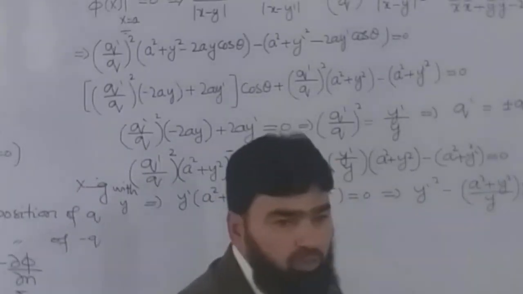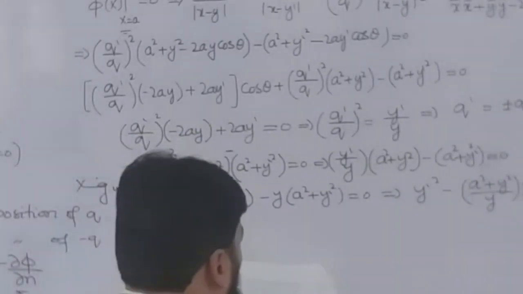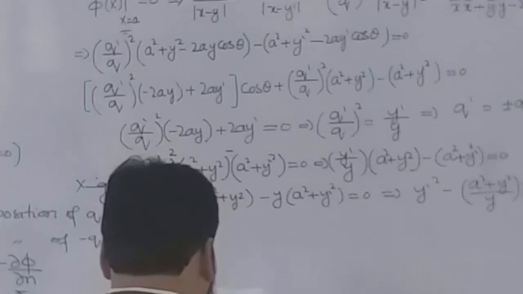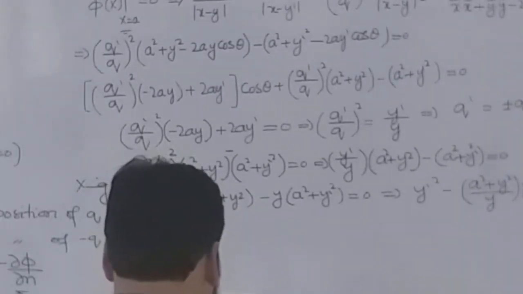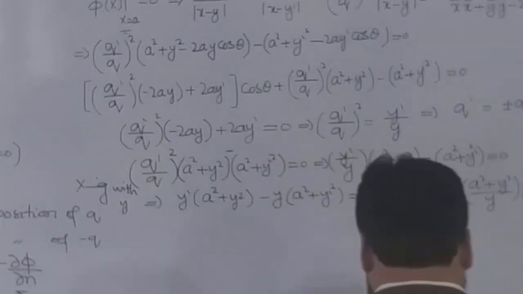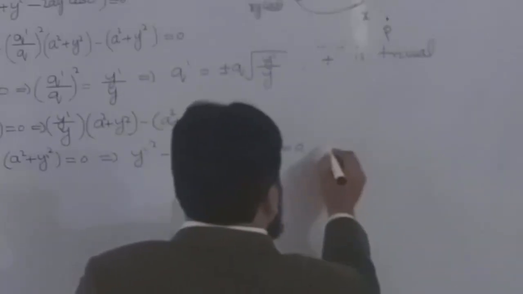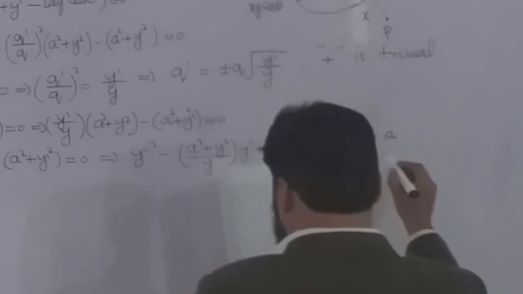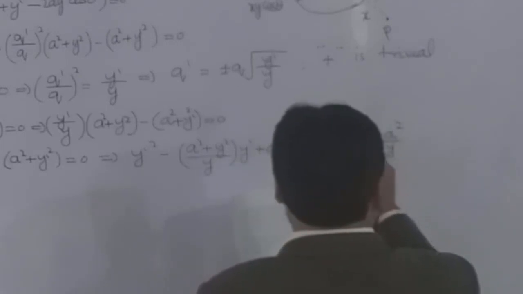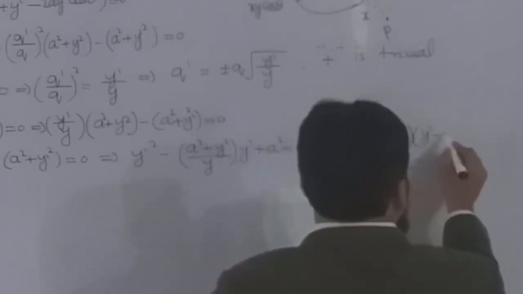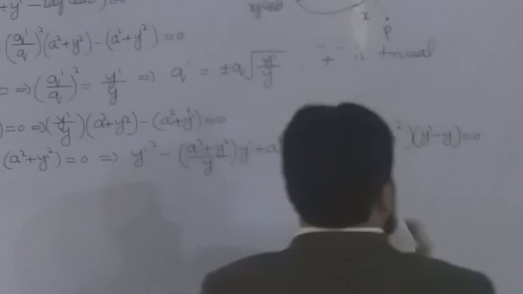a square only. And now it's a quadratic equation, and the quadratic equation you can just make this thing into components as well. I can write that this can also be written as y prime minus a squared over y and y prime minus y is equal to 0.